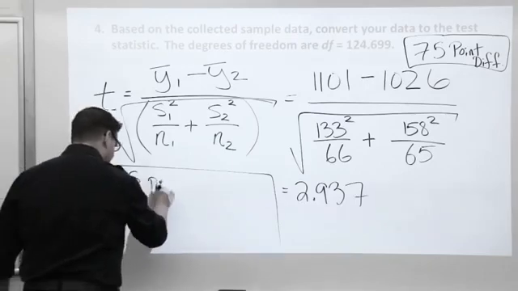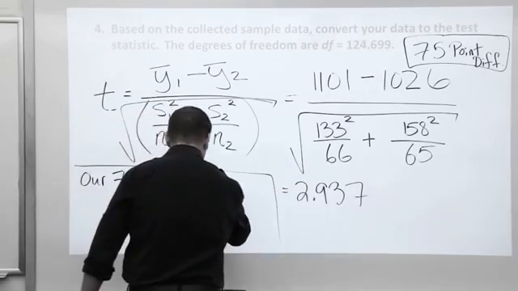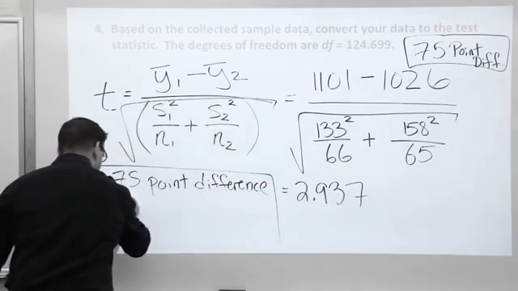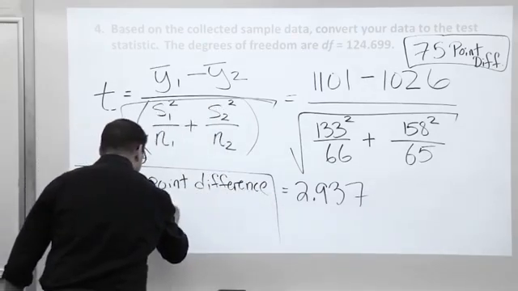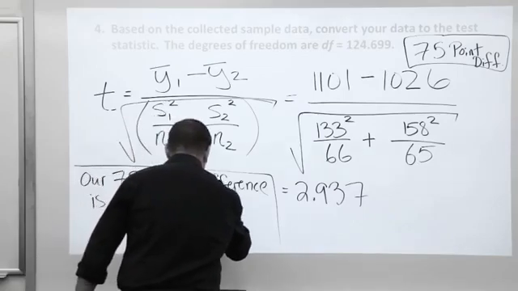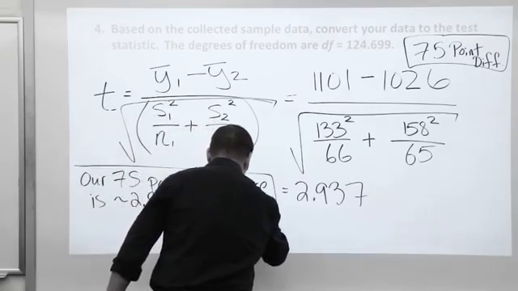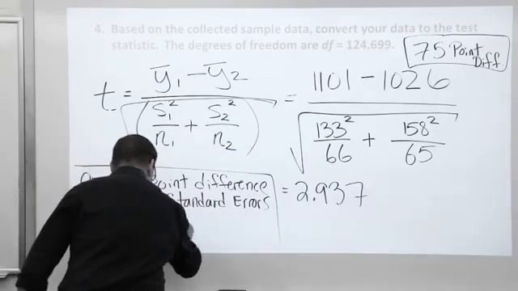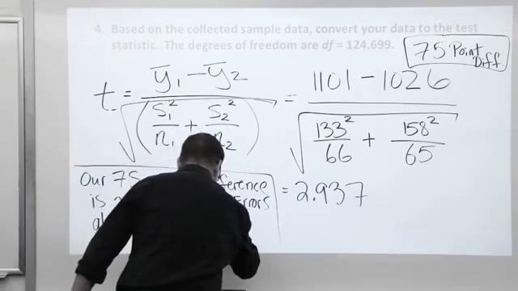Our 75-point difference is roughly 2.9 standard errors above a 0 difference.